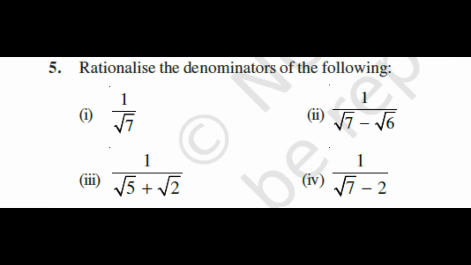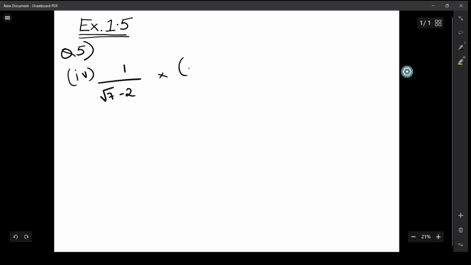Moving to the final part of this exercise. The last part is 1 divided by root 7 minus 2. Here again, what I'm going to do is multiply the numerator and the denominator by root 7 plus 2.